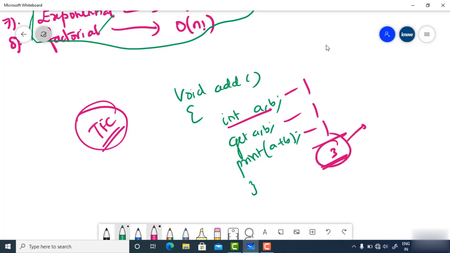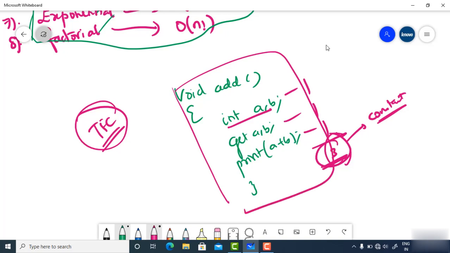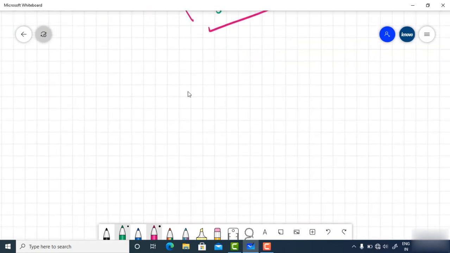So 3 is a constant. It is taking constant time, whether it is 3 or 4, but it is taking constant time, right? Because of that reason, the time complexity of this algorithm is O of 1, the constant time complexity, because this takes constant units to execute. So that is O of 1.